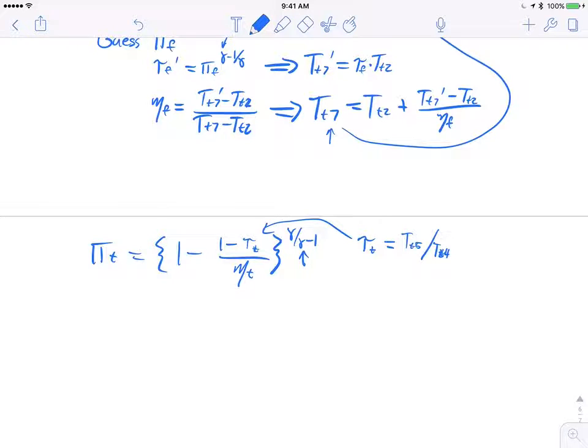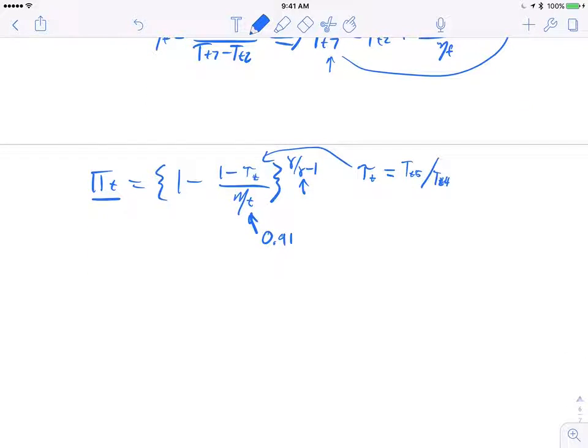But we will have to iterate for our value of gamma. We were given that the turbine efficiency in this problem is 0.91, so we're good on that one. And so based on our values, we can come up with the value for pi t, and from there we can calculate the turbine discharge pressure. Pt5 is equal to pi t times Pt4.